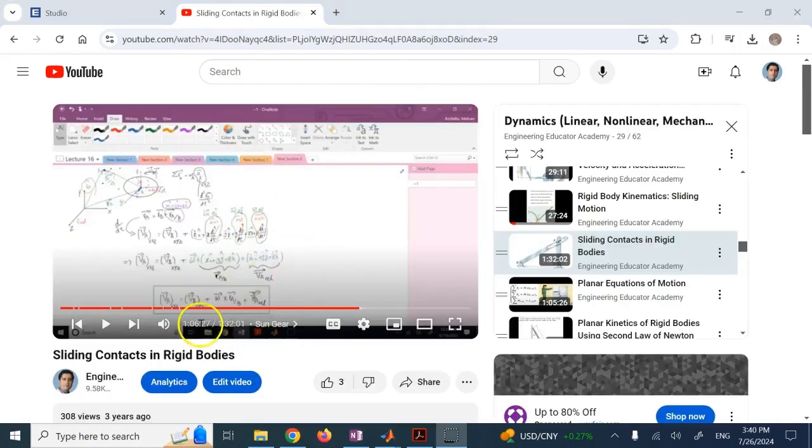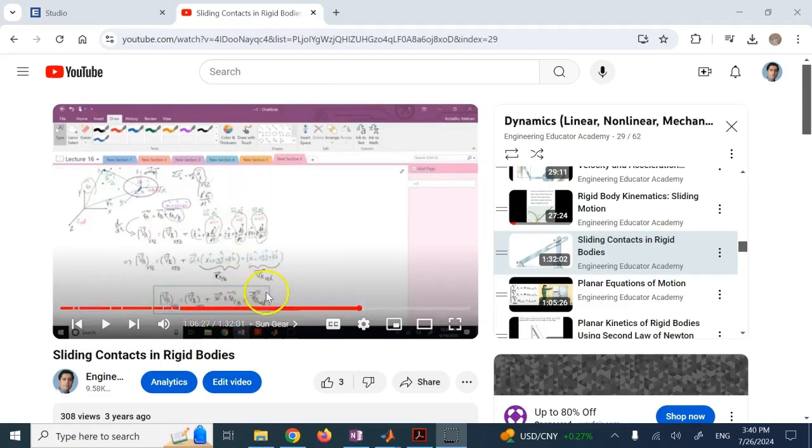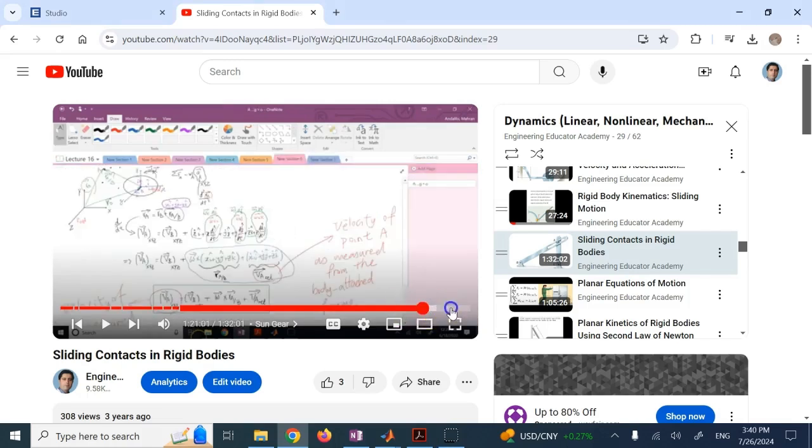If you go here to about 1 hour, 6 minutes, 27 seconds, you see the formula, right? VA is equal to VB plus omega cross R of A with respect to B plus an extra term, VA relative, A relative to the member that has point B on it. Okay, so this is the formula. It has one extra term for velocity, and if you develop the acceleration part, you'll see that the acceleration part will have 5 terms in it.